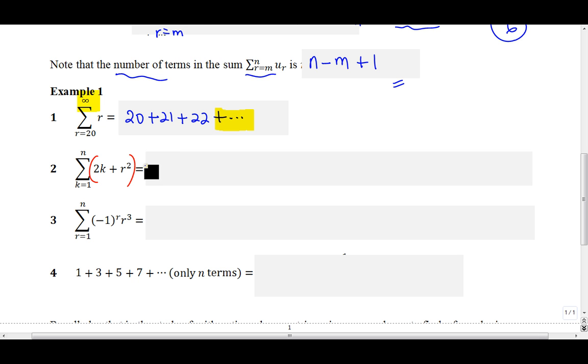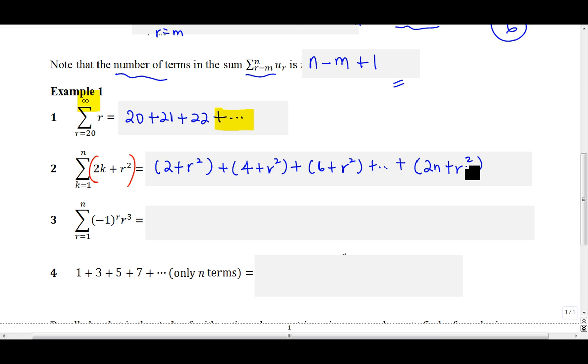I sub k equals 1 in, I get 2 plus r square, plus 4, because I sub k equals 2 in, plus r square, and on and on. 6 plus r square, last term should be 2n plus r square. Quite easy.